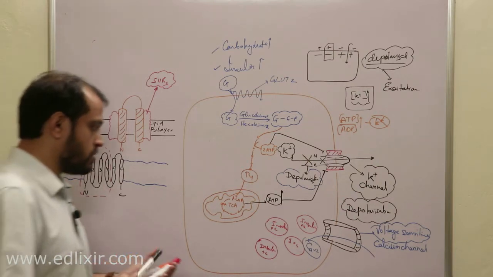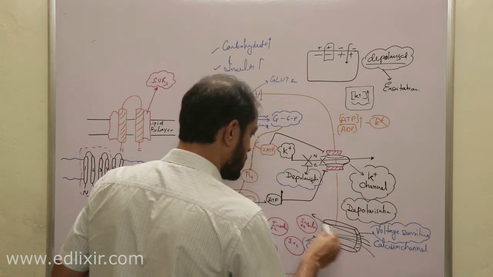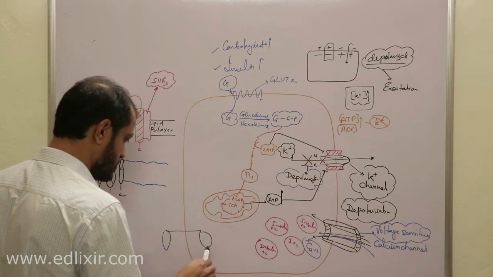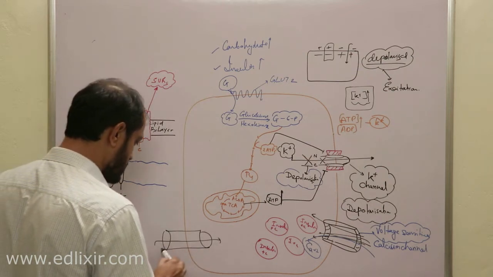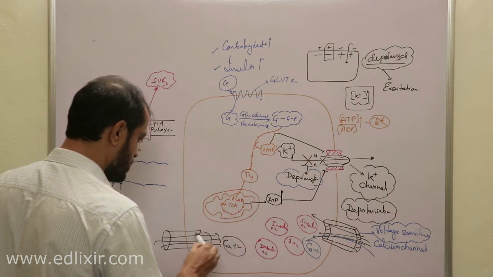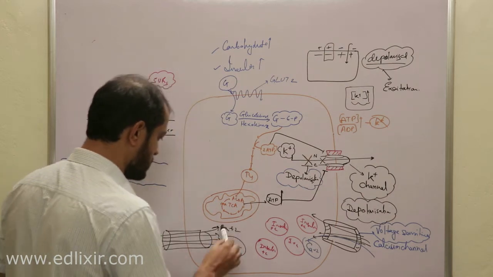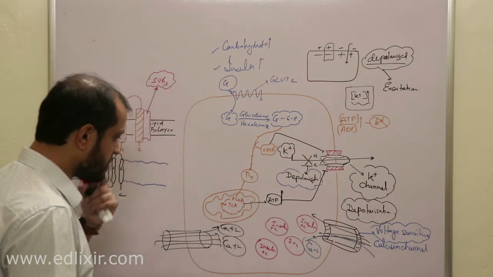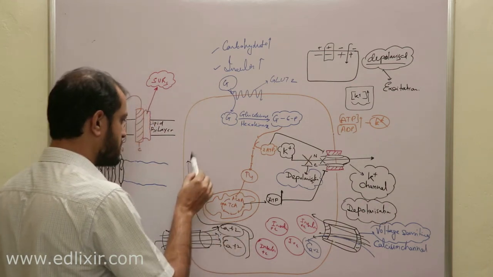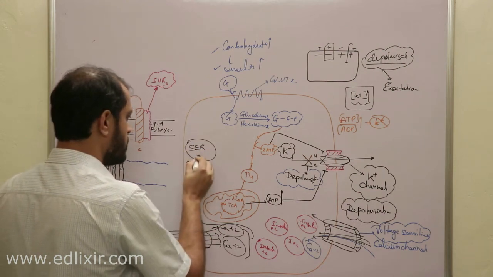Now, when more and more calcium is entering, suppose this is your calcium channel, when more and more calcium ions are entering the cell, it's a very interesting part: this calcium channel actually induces the smooth endoplasmic reticulum to release calcium.